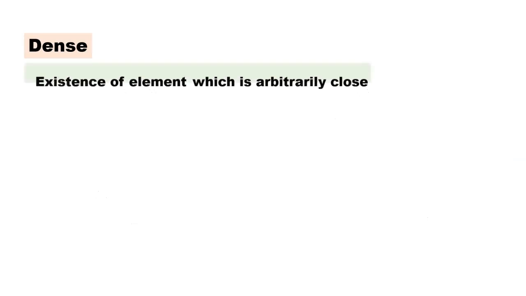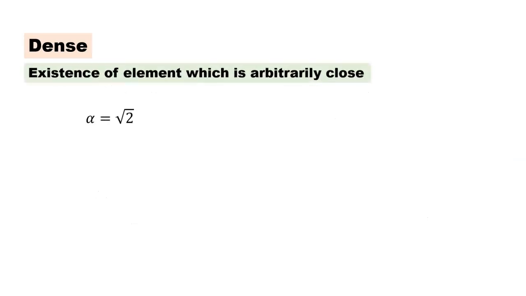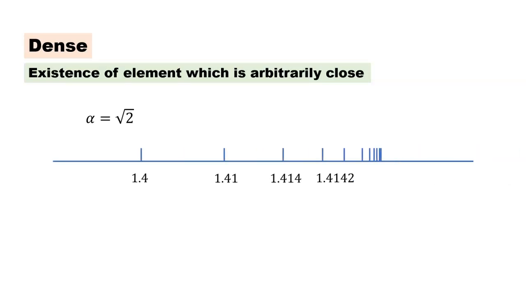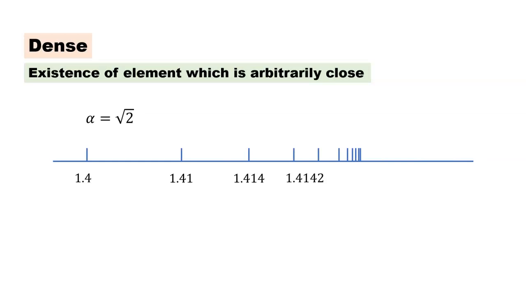Suppose I choose alpha as root 2, which is a part of the real number space, but not a part of the rational numbers, because it cannot be written as a fraction of two integers, or we can say that it doesn't have terminating decimals. But I can always find a sequence in rational numbers like this: 1.4, 1.41, 1.414 and so on.